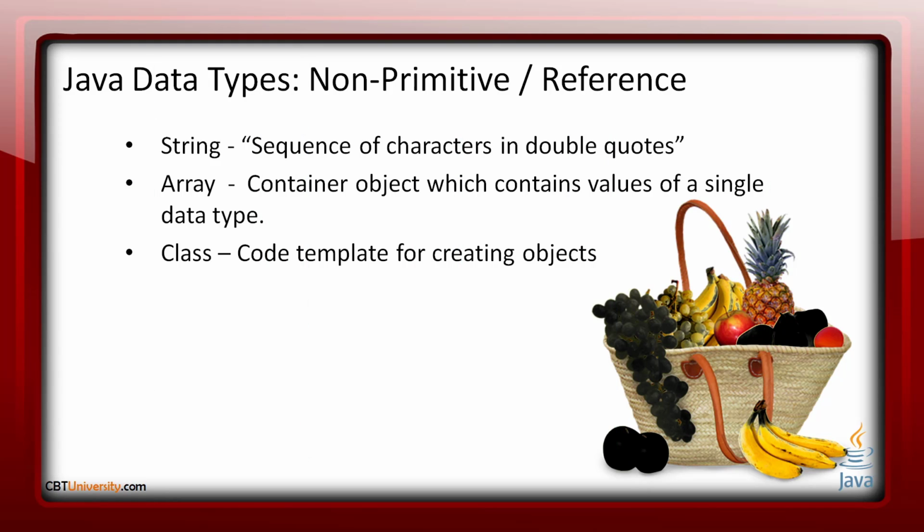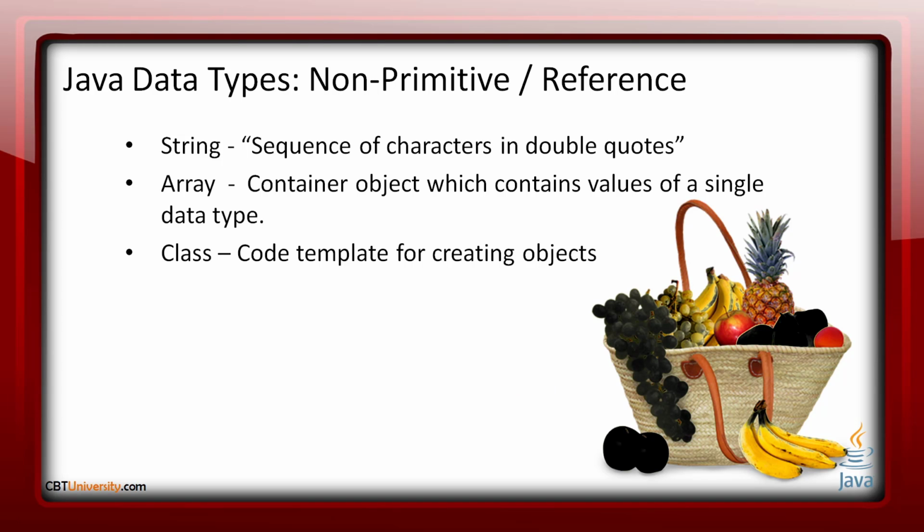And the other data types we have are non-primitive or reference types. The string is a sequence of characters in double quotes, whereas the char data type represents a single character. Array is a container object which contains values of a single data type. So you may have a container or a box.